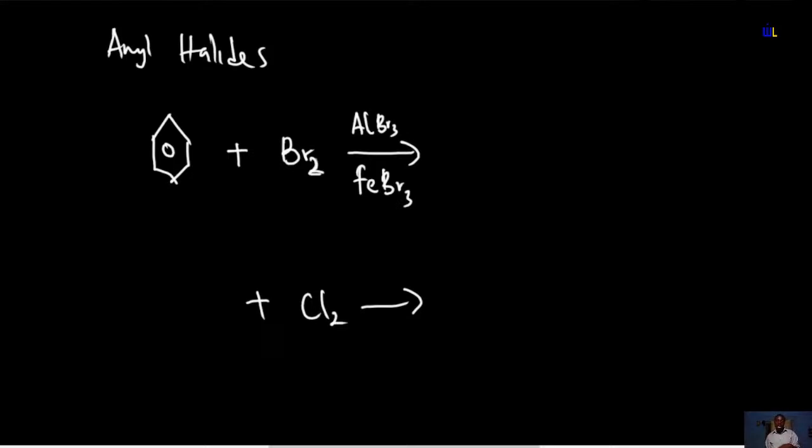In the case of iodine, the reactions are too slow because it is the least reactive halogen amongst them.